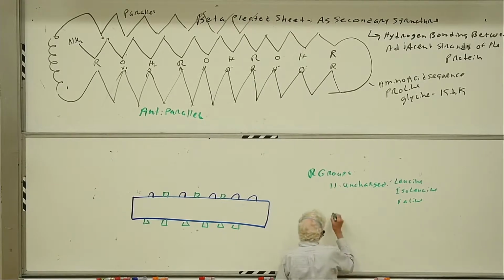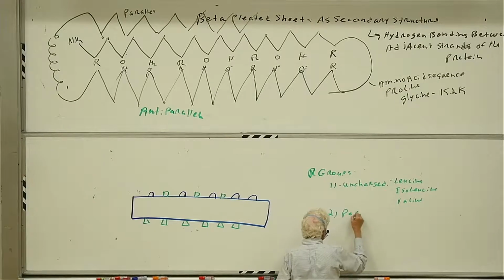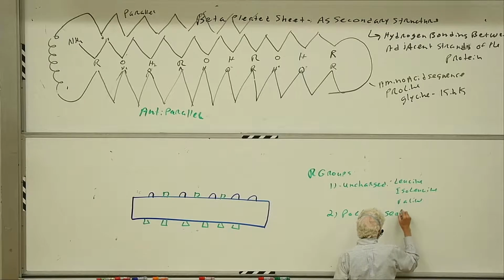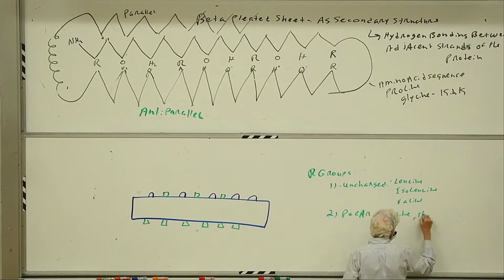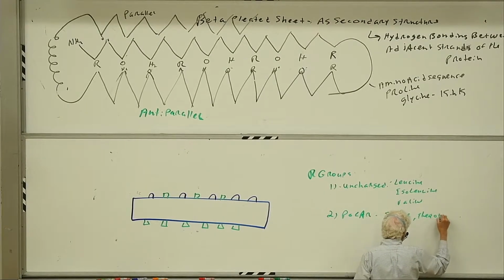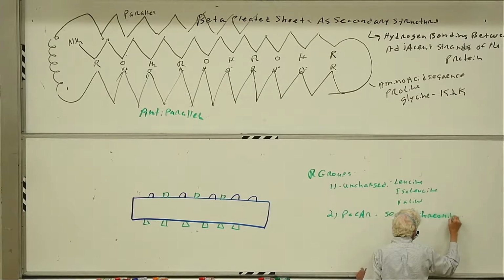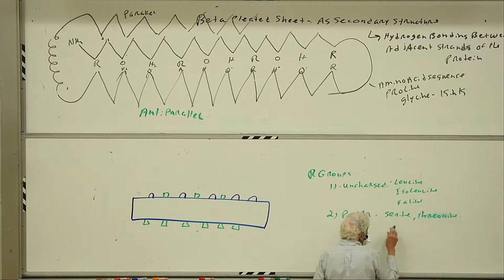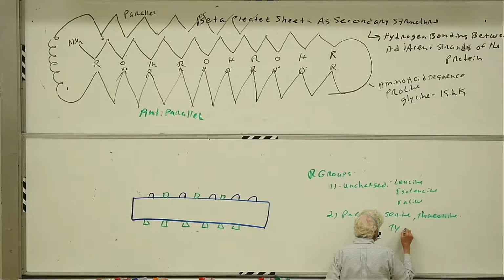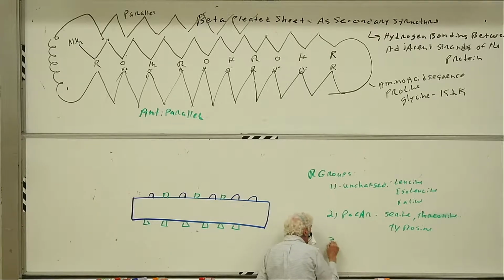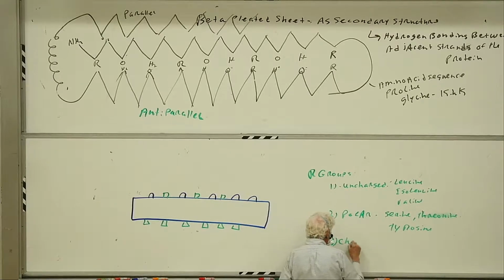There'll be another set of amino acids which are polar. Among the polar amino acids will be things like serine, which has a hydroxyl, and threonine. Both of these have hydroxyls. Another one is tyrosine, which has a hydroxyl. Those are all polar. The third group are the ones that are properly charged.